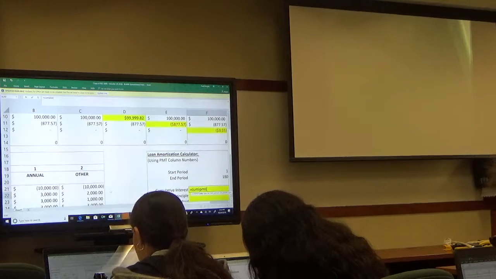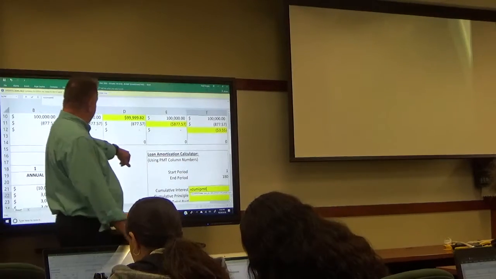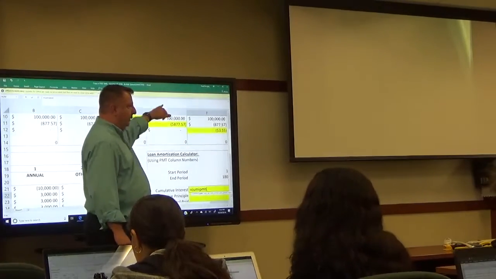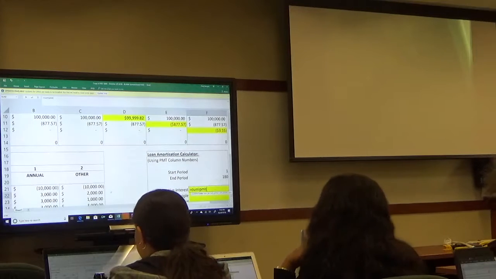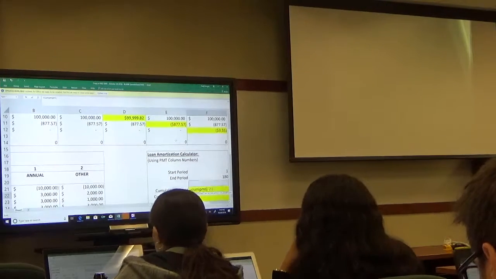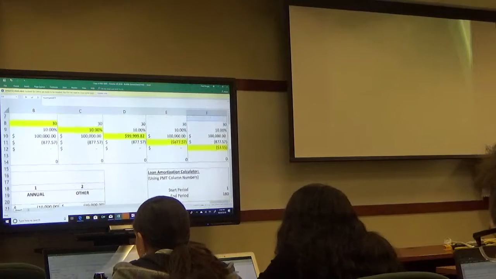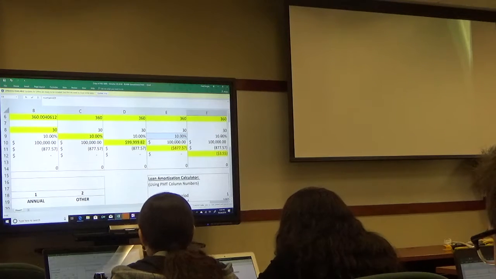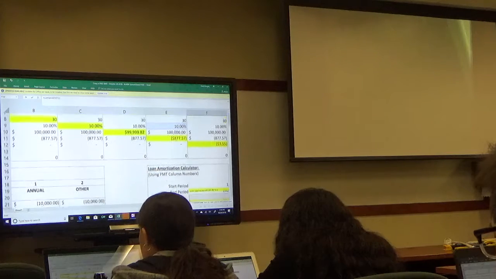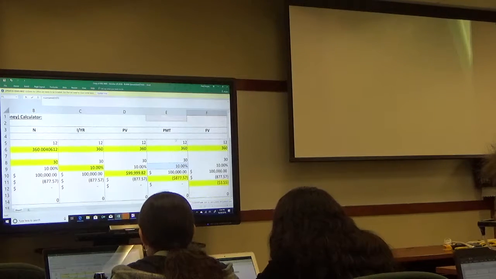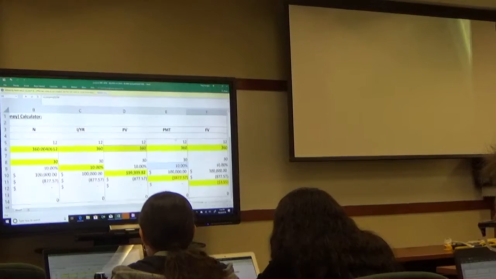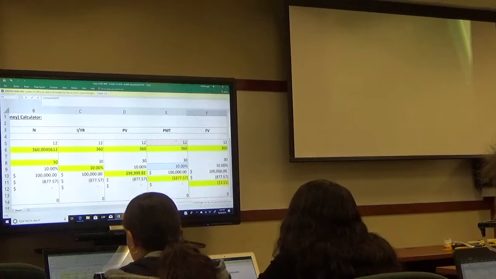And what we're going to start with, and what we're going to use to populate this, are the values in the payment column. So in this case, the rate is 10%, and we're going to have to divide that by 12 up here, comma.